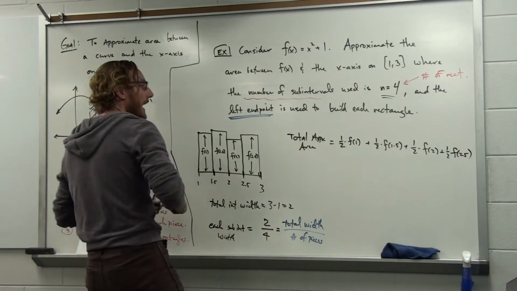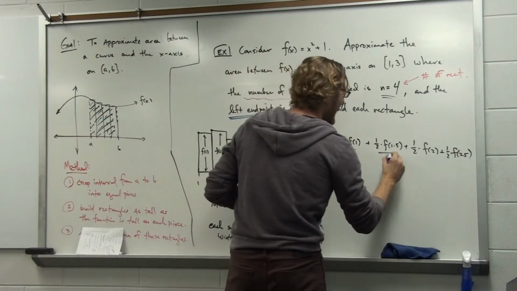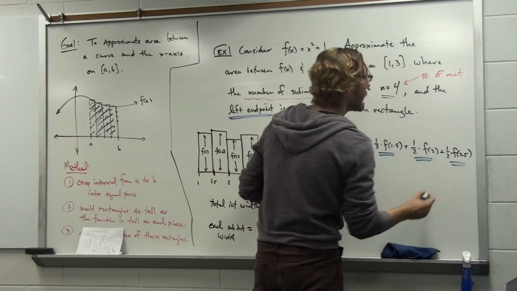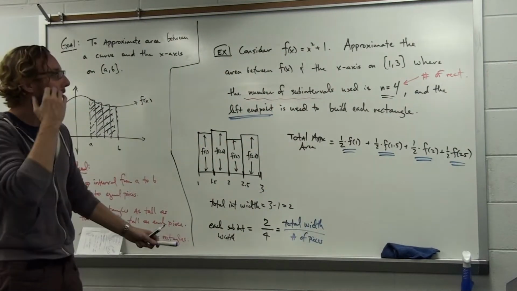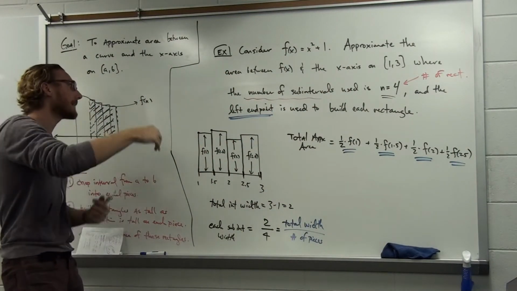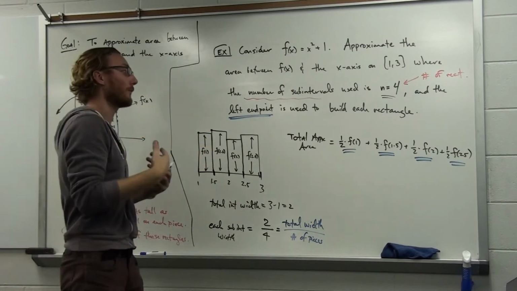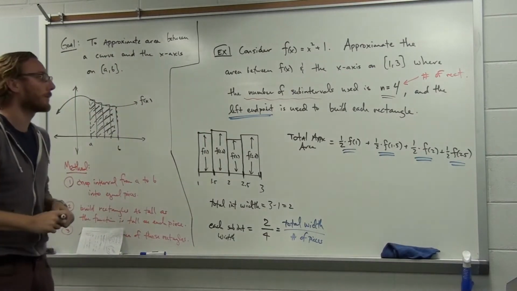Here is the area of the first rectangle, and the second, and the third, and the fourth. The total area of the rectangles is just base times height, base times height, base times height, base times height, 4 times over in this case, because we had 4 rectangles.